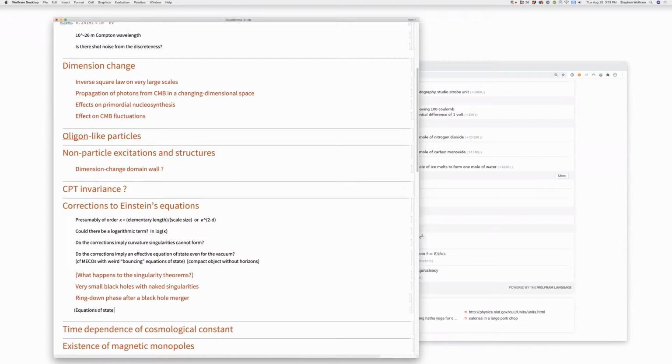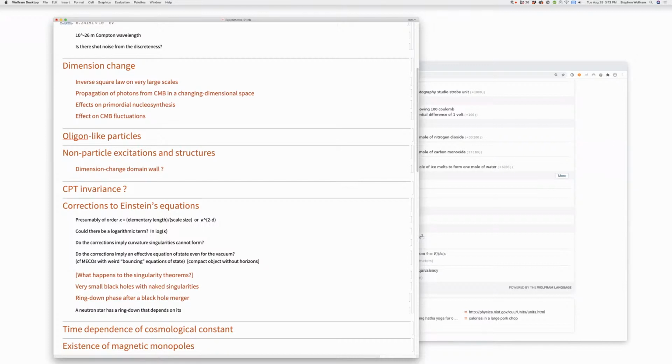Okay, so the question is, a neutron star has a ring down that depends on its equation of state. But I would say that the actual phase of the merge is the most dynamical one. The ring down, once you have a black hole formed, is just a property of that black hole, the mass it has, etc. I understand, but just to take the naive question, the basic physics question, okay?